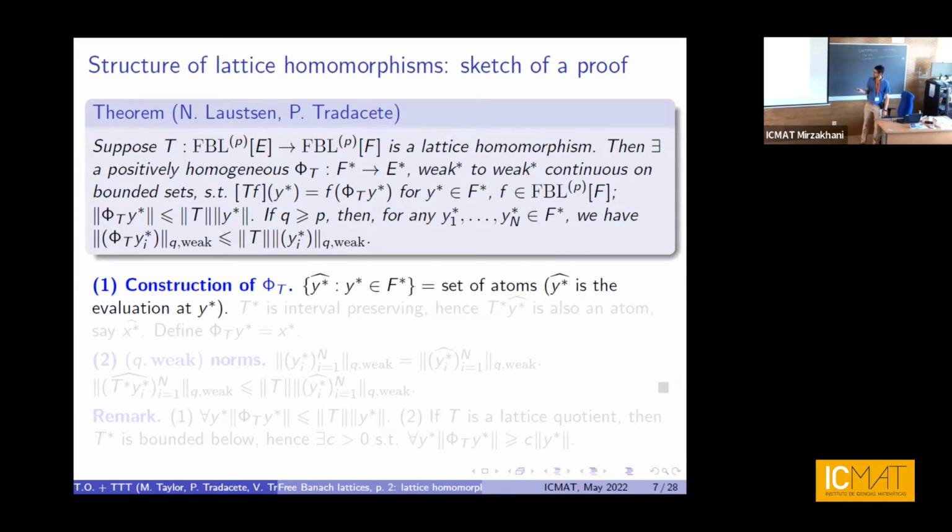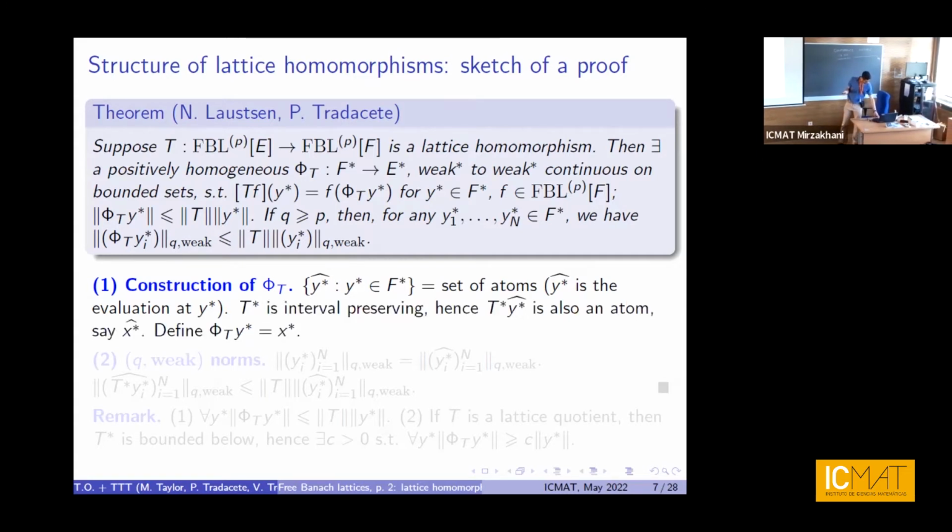So if you look at the atoms of the dual of this free Banach lattice, we know that those atoms come from evaluation maps, and as I said, T star maps atoms to atoms. So for any y star in F star, the image of it will be some x star, and this is what defines your phi_T.